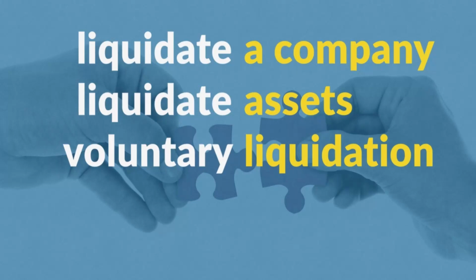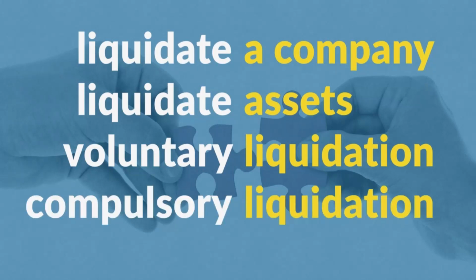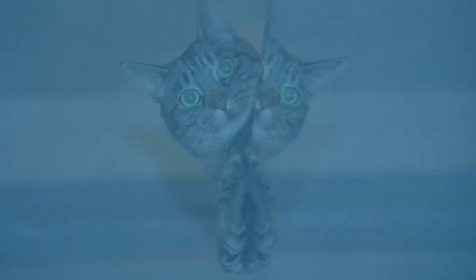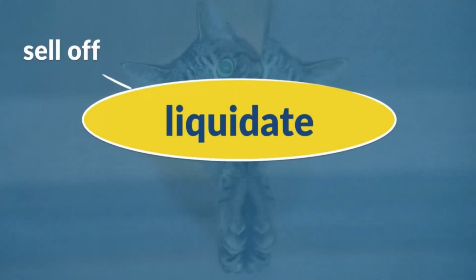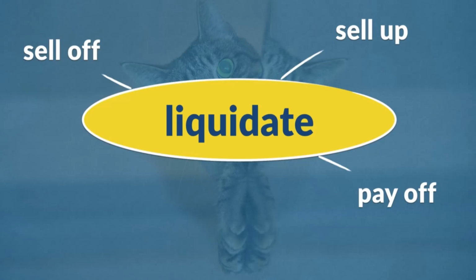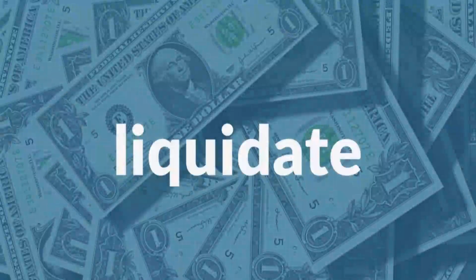But sometimes companies are told by a judge, by a court, that they must close down, and that's a compulsory liquidation. Some synonyms: sell off or sell up, pay off. So there you are, liquidate.